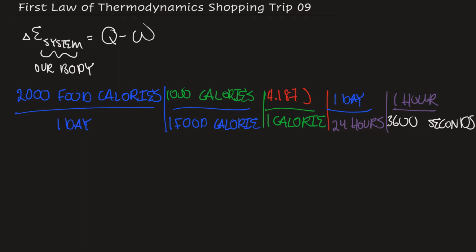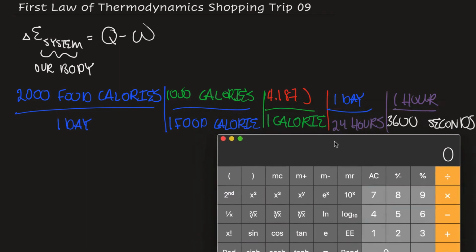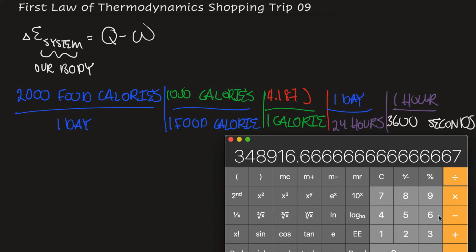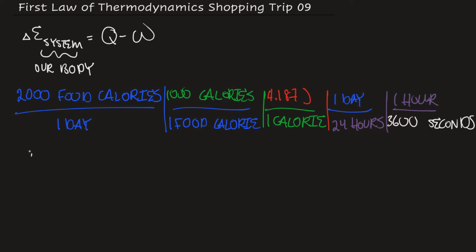And now we'll go ahead and do this calculation. So we have 2,000 times the 1,000 times 4.187 divided by 24 divided by 3,600, which gets us the 96.9. So the heat interaction equal to the 96.9.